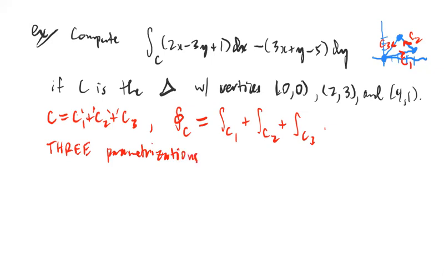It would be nicer if this were a conservative vector field, because then we wouldn't have to parametrize anything at all. We would immediately know this only depends on the beginning and end point, which for this collection of curves going around this triangle are the same.